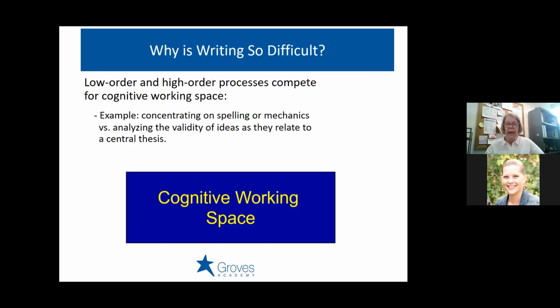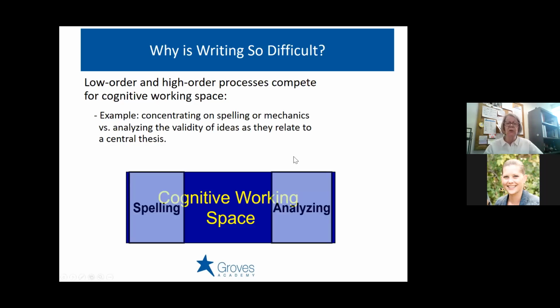If you're automatic with spelling and grammar, you can use punctuation and different sentence types without really thinking about it much. So you can really devote your time to developing your topic and your thesis and the details that support that. Then it's okay. But if not, then you have some issues.